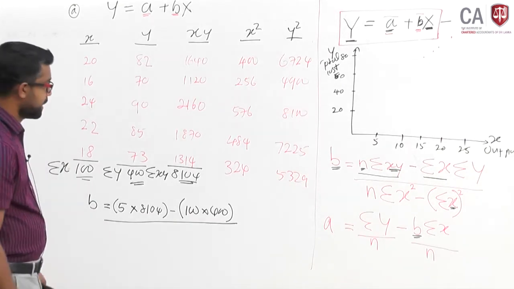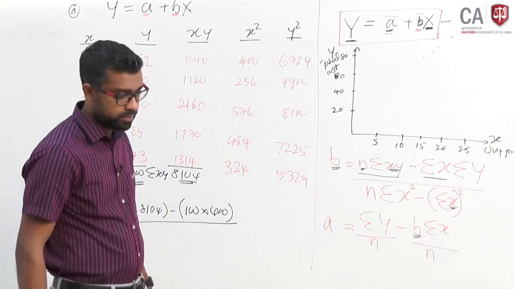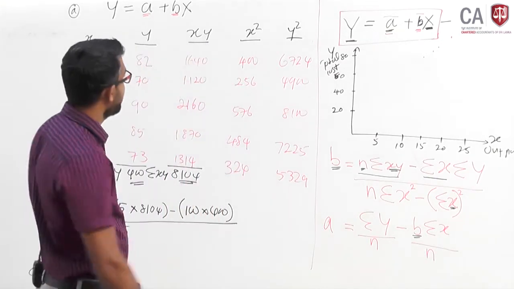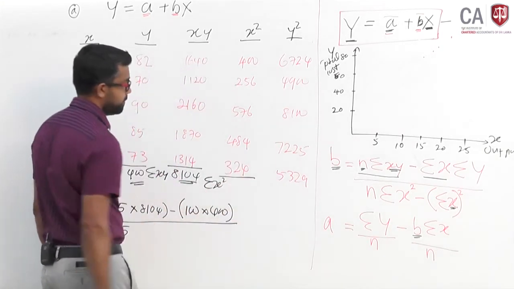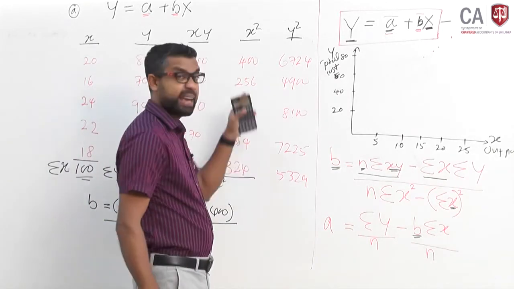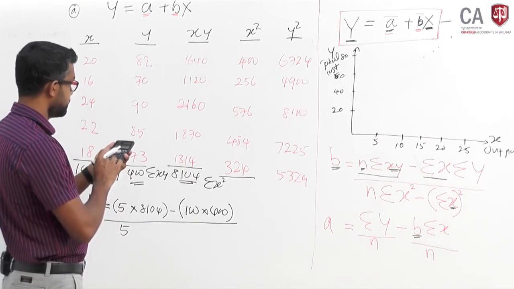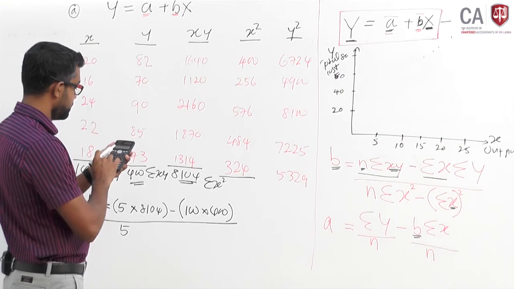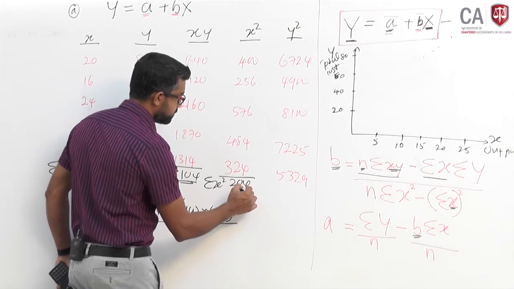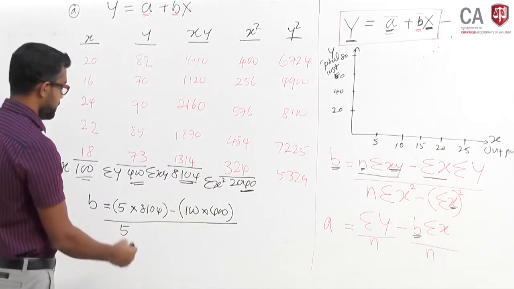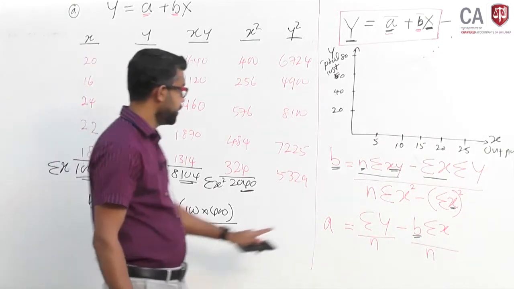Divide by 5 into the sum of power of x. This is the sum of the squares of x, 2040. 5 into 2040.